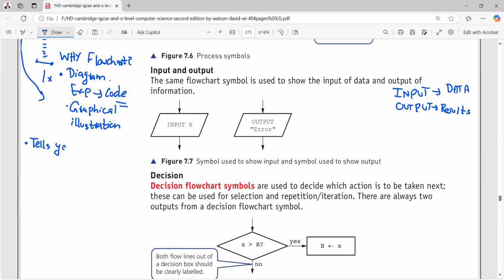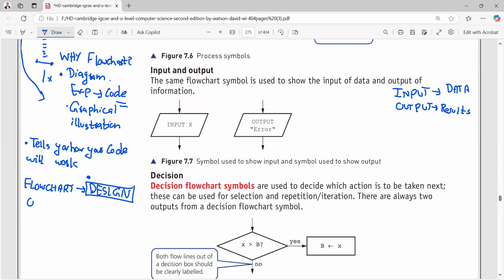It tells you how your code will work. Like if I say in terms of a flowchart, it will tell you how each and everything will progress. So this is basically a part of your design.